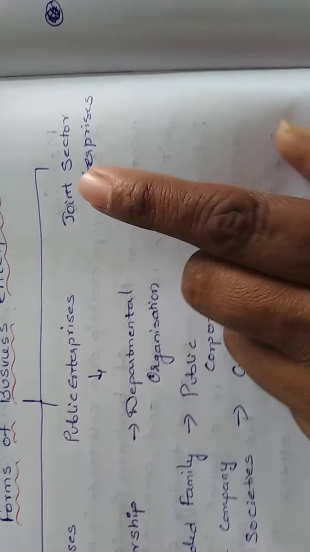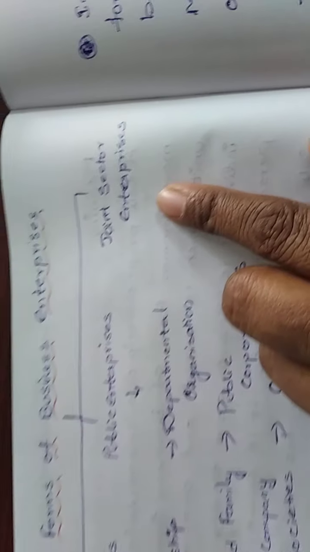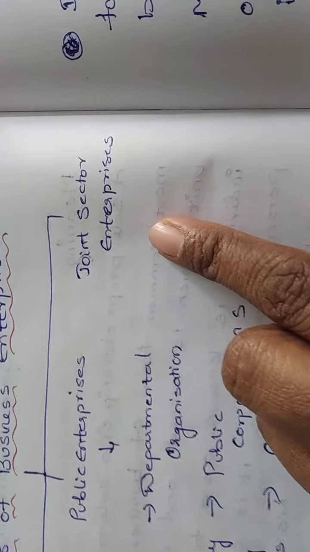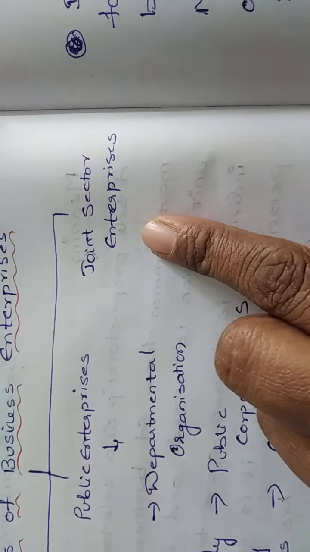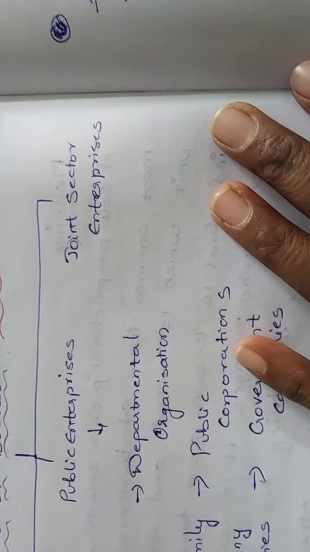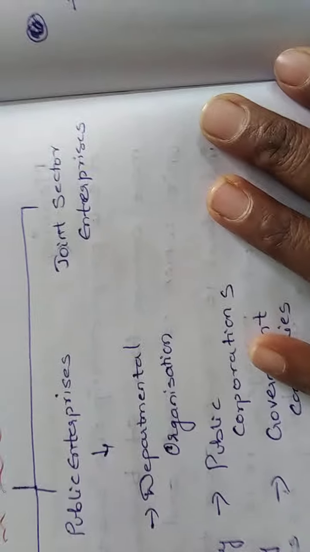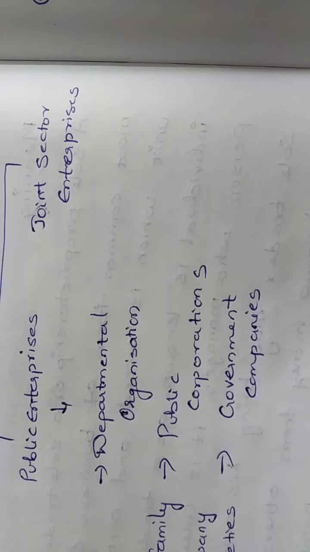Next, coming to the joint sector enterprises. Here a certain percentage will be government, a certain percentage will be private, and some control will be by the government and some control by the private sector.